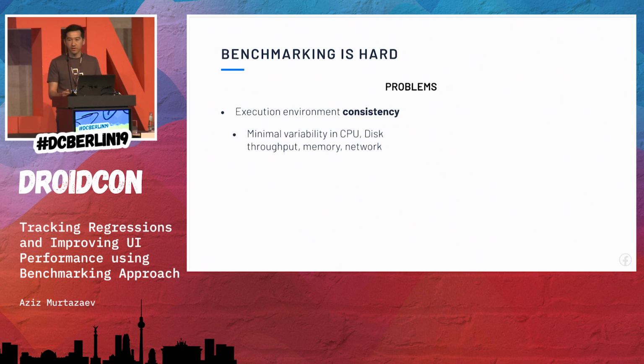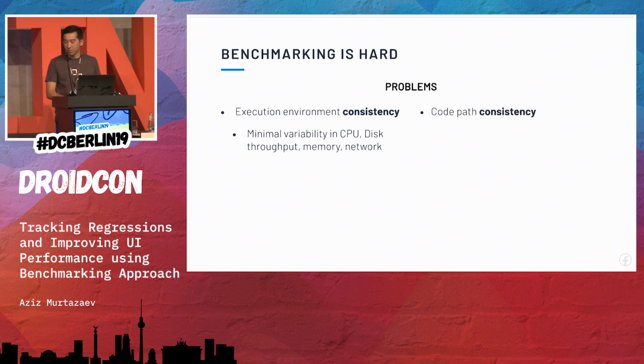When your battery level goes down, the Android OS automatically lowers your CPU frequency, or your device heats up and it goes down, or some other background operations are going on and you don't get enough frequency. So it would be very hard to get a consistent result. Same with disk, disk I/O might vary quite widely, and same with memory and network.